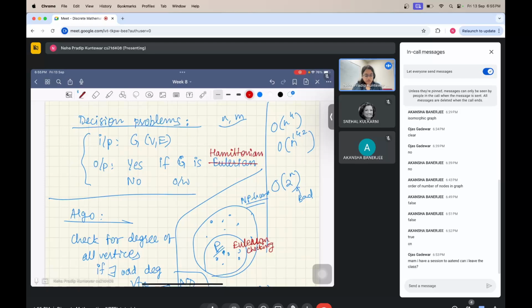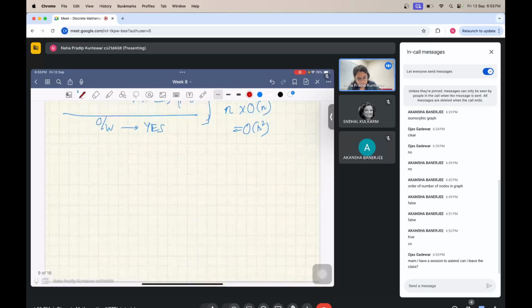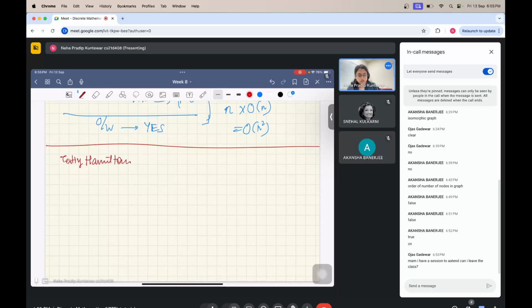Okay, so let me discuss one approach. So you want to check testing Hamiltonian. What you can do is you first choose your starting vertex. There are n possible vertices that you can have. After that, you choose the next possible vertex out of the n vertices, and so on.